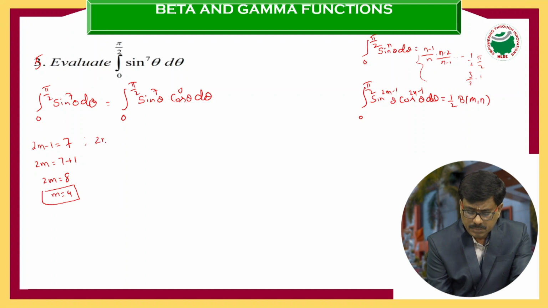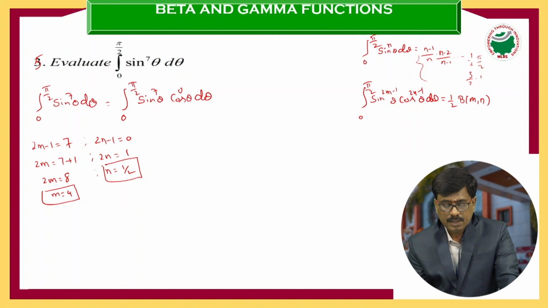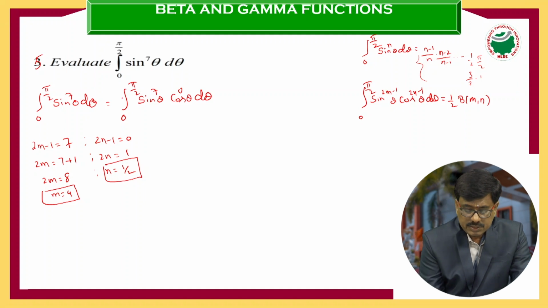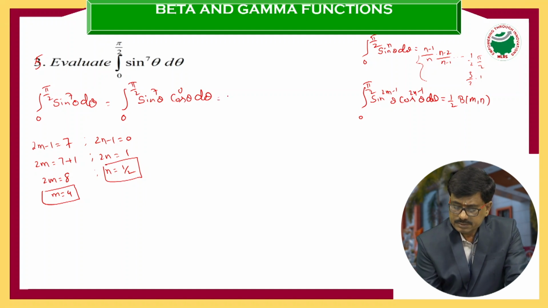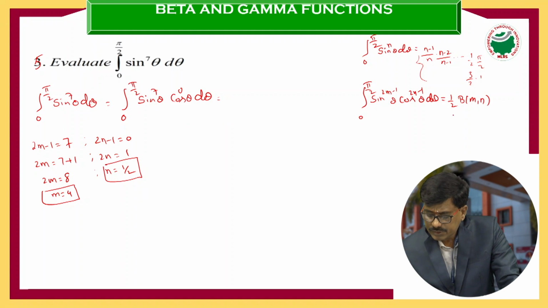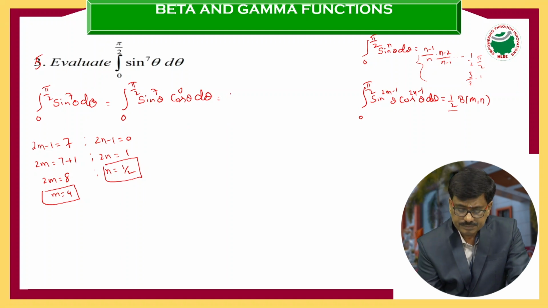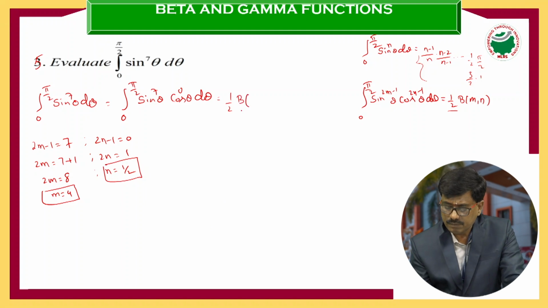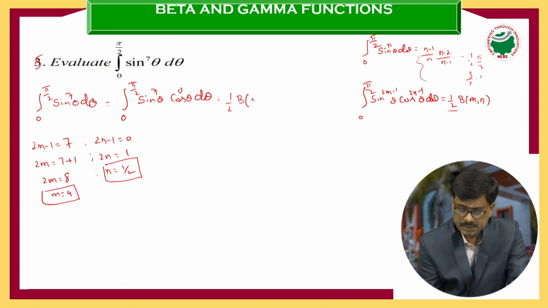Similarly, 2n minus 1 equal to 0, 2n equal to 1, therefore n equal to 1 by 2. You got m as well as n. Now I can transform this integral value into 1 by 2 beta of m comma n. What is m? m is 4, n is 1 by 2.